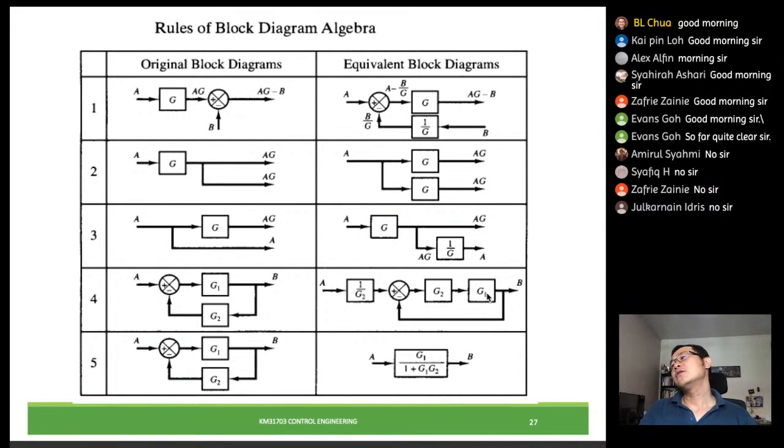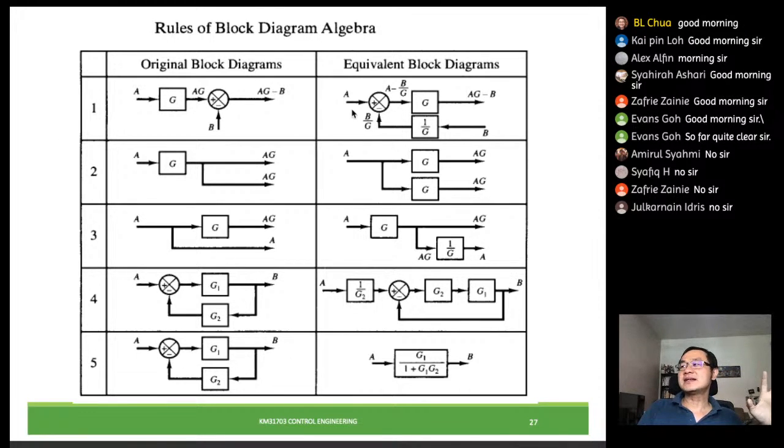So here are some of the rules that you can see. But basically this is exactly the same as what we have discussed previously. Moving after the summing junctions, moving after the branch point, moving before the branch point, moving before the summing junctions, and the familiar feedback control system.